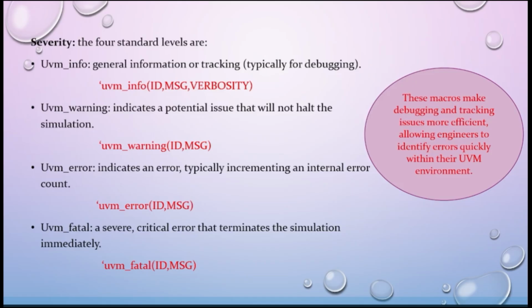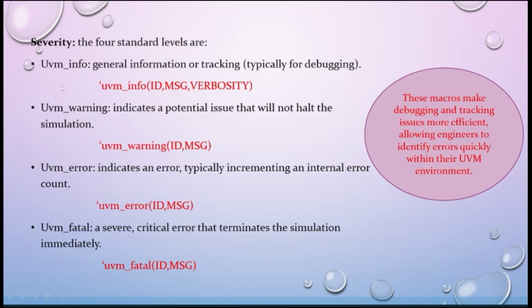Okay, so these are the four things in severity level: UVM info, UVM warning, UVM error, and UVM fatal, right? So these are the syntaxes for all these things: ID, message, and verbosity. Verbosity is there only for info. As I already told you, why is verbosity only there for UVM info?